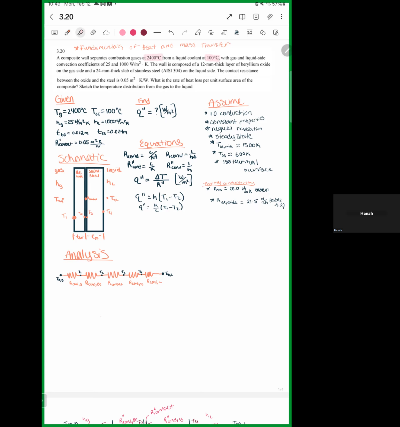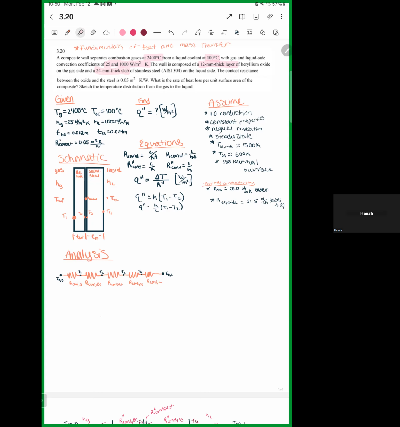The wall is composed of a 12 millimeter thick layer of beryllium oxide. So we have the thickness on the gas side, and then a 24 millimeter thick slab of stainless steel. So we have that thickness too on the liquid side.